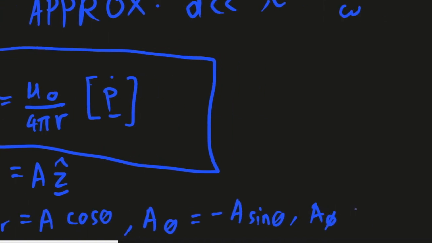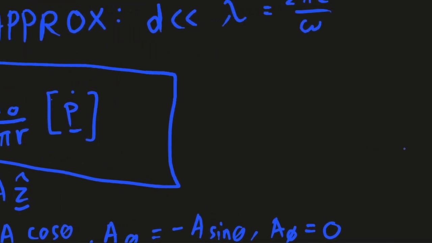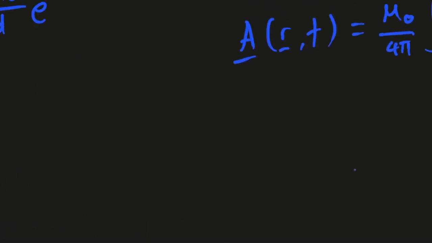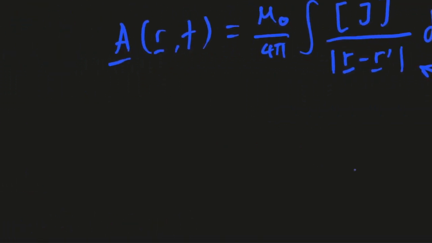This holds by cylindrical symmetry. And now we look at the scalar potential, phi. We get rid of the phi dependence by imposing cylindrical symmetry.